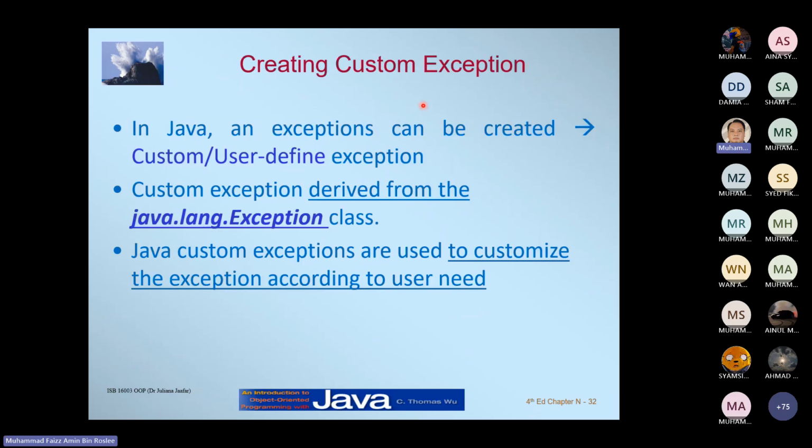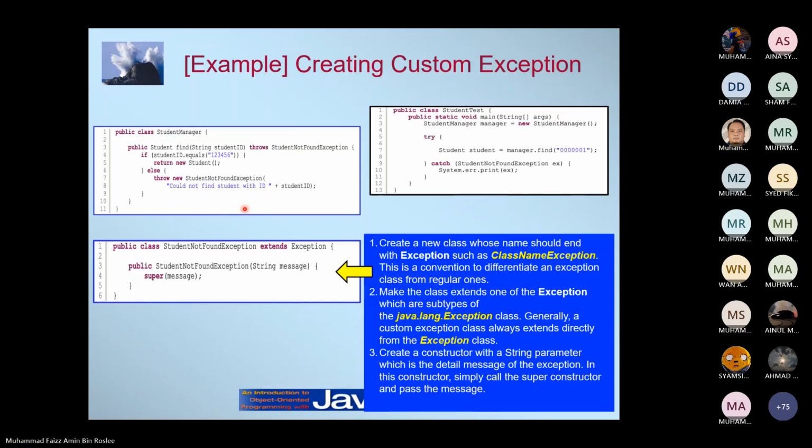Okay, you will also be able to create your custom exception. In Java, an exception can be created using a custom user-defined exception. A custom exception is derived from the Java exception library class. Java custom exceptions are used to customize the exception according to user need. For example, over here you have a throws StudentNotFoundException, which is not available in the Java library.